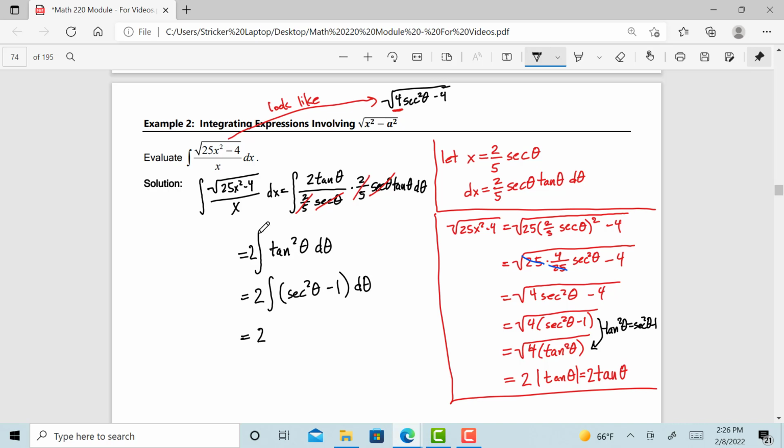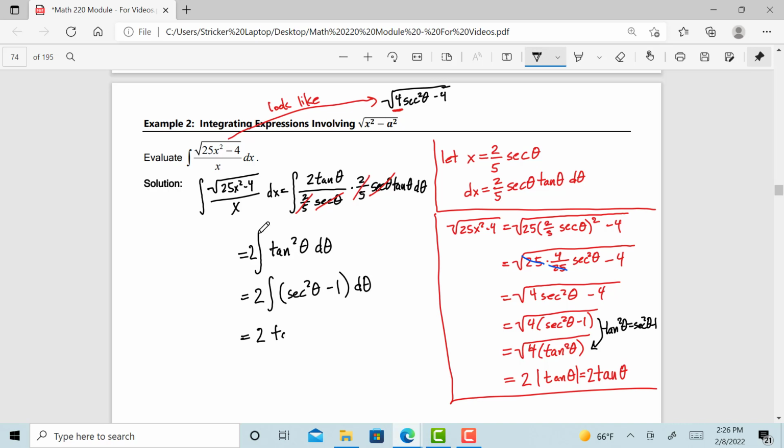Because what is the antiderivative of secant squared theta? That's right, it is tangent theta. So the integral of secant squared theta is tangent theta.